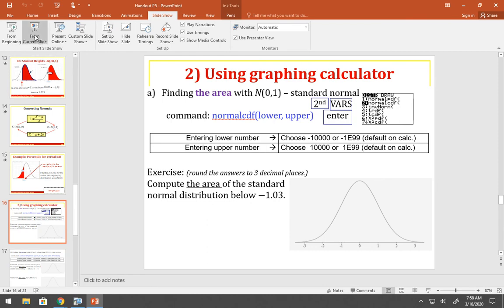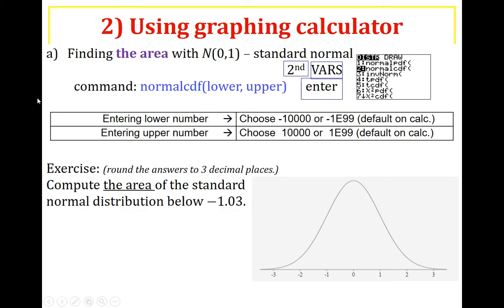When I go back here from the current slide, I'm going to write in all the values that we just took care of. First of all, I did normal CDF, open my parenthesis, I did -1 E99. That stands for this number way over here, infinitely far to the left-hand side, like negative infinity.